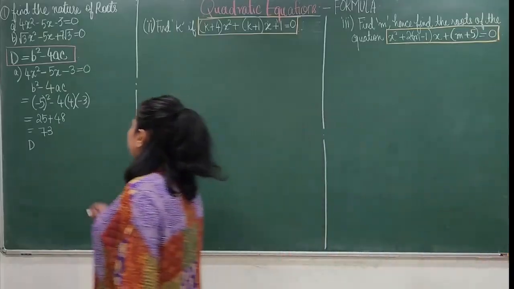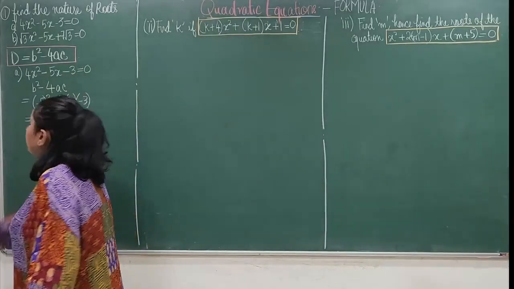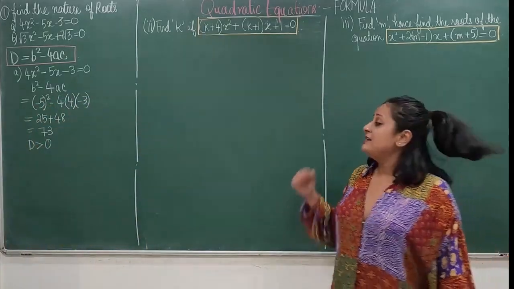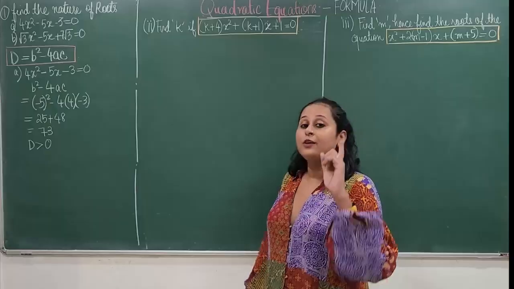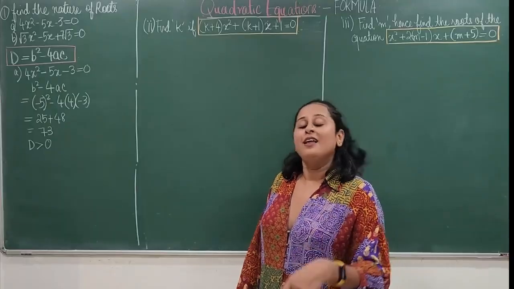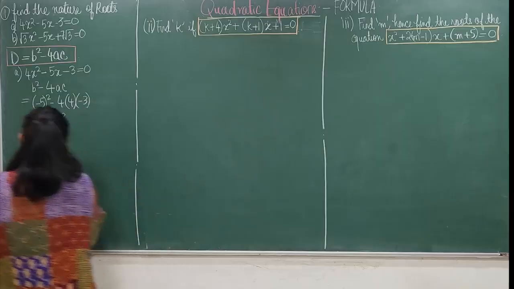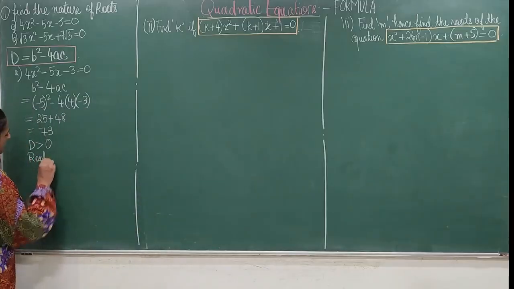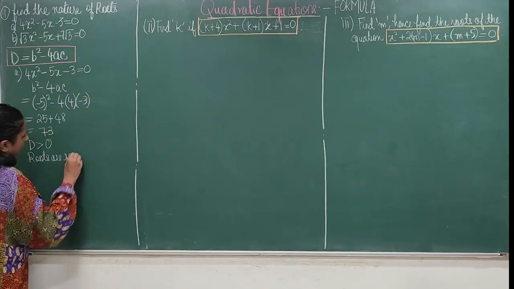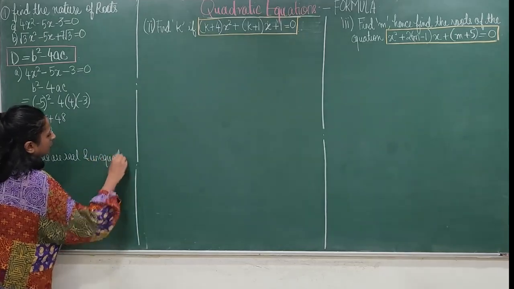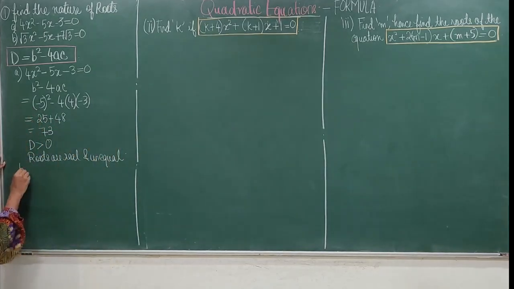Yes, it is. So we have discriminant greater than 0. And what do we tell about the nature of roots when discriminant is greater than 0? The roots are unequal and they are real. So what are we going to say here? Roots are real and unequal.